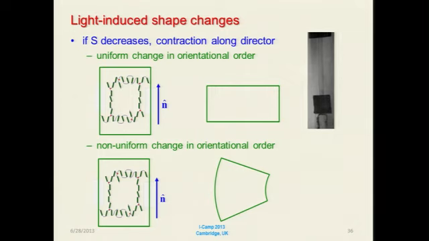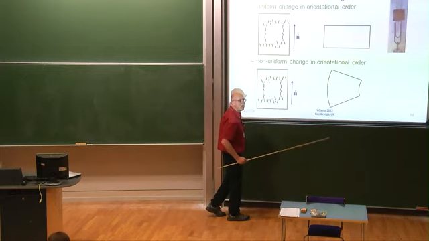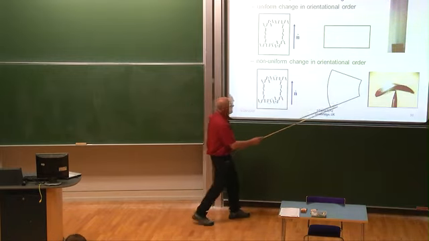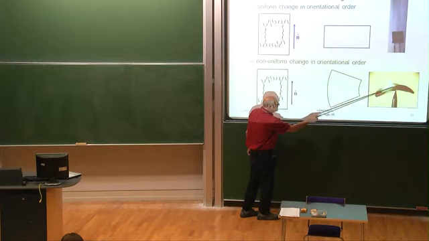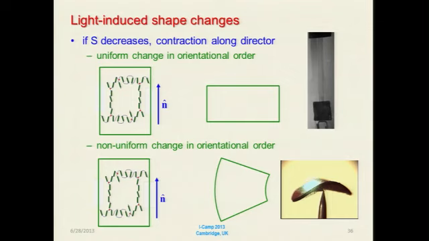On the other hand, if you have a non-uniform change in order, and again, we heard about this as well, if you decrease the degree of order here, but not here, then you will get a bend instead. And not only a bend, it turns out that if you have a contraction along the director, which is more or less into the board here, then you must also have an expansion in the perpendicular direction.